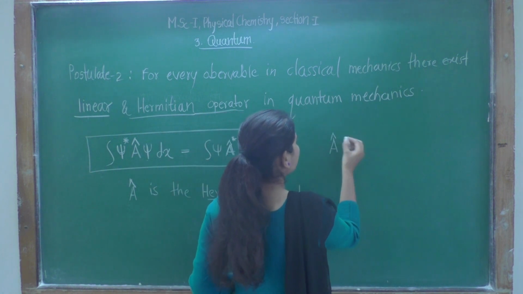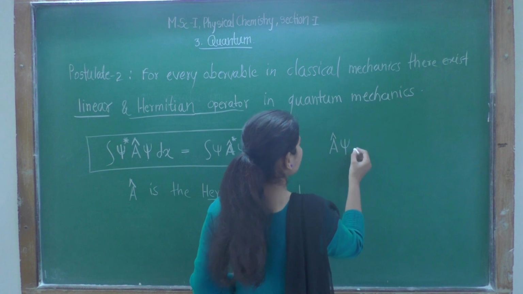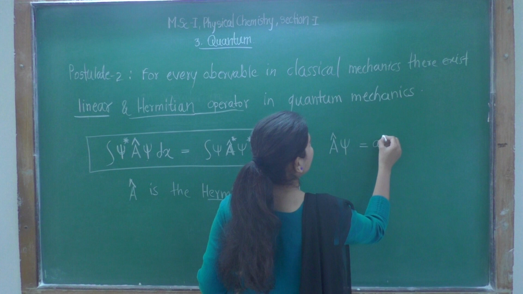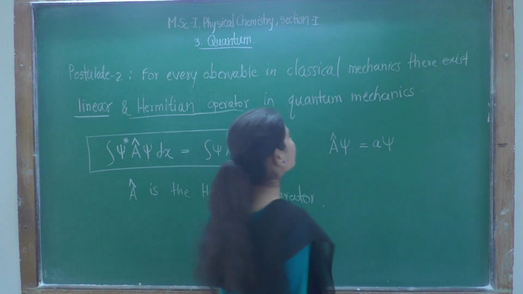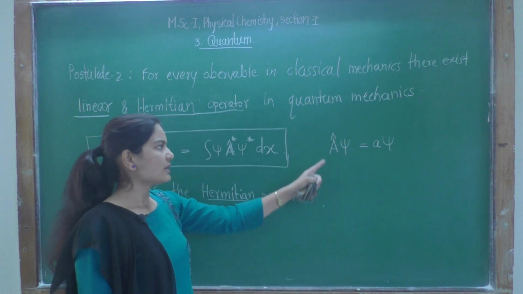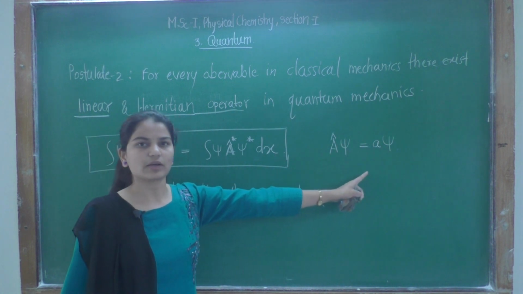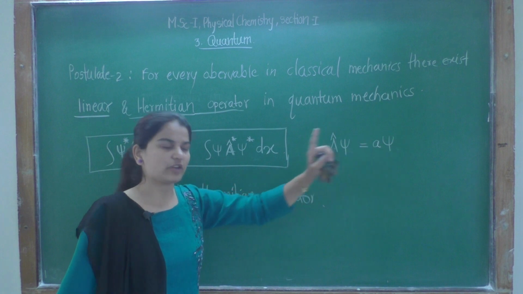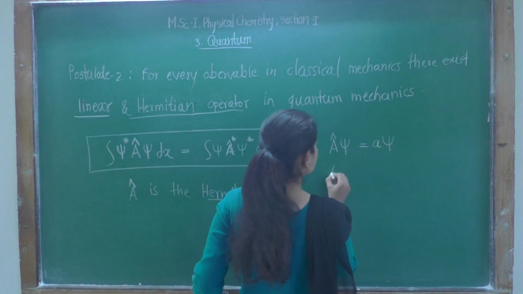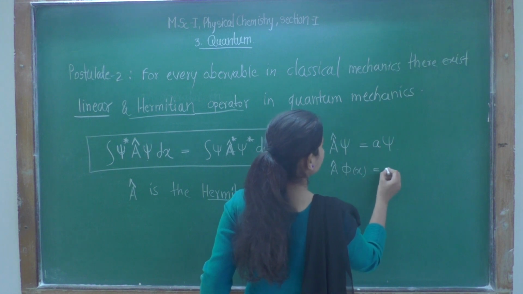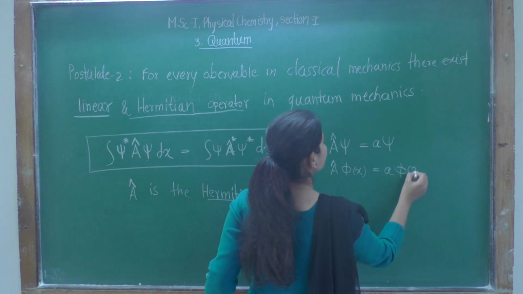A cap is an operator operating on function psi and we are getting the value a psi, right. So the operator A cap operating on function psi will give us the constant a multiplied by function psi, or we have written it as A phi of x equals a phi of x, right.